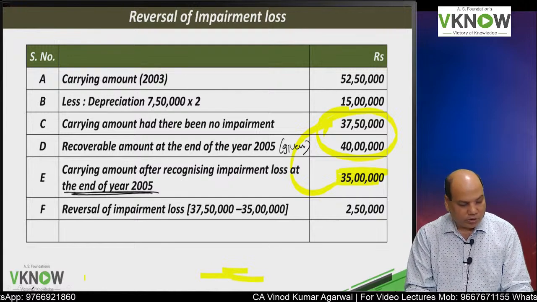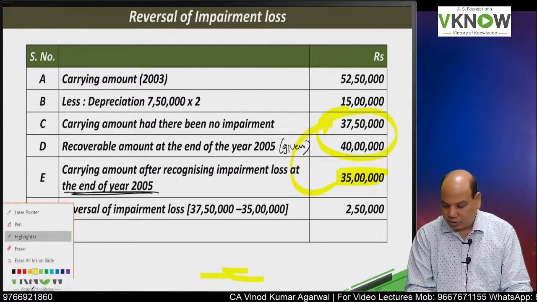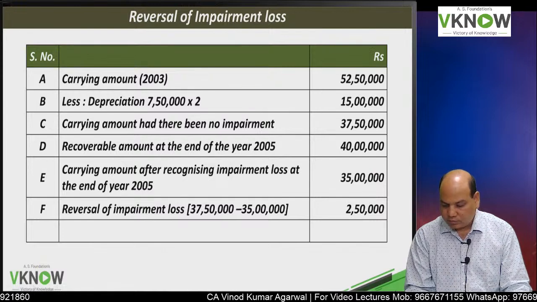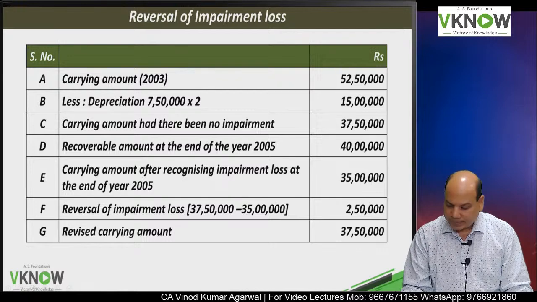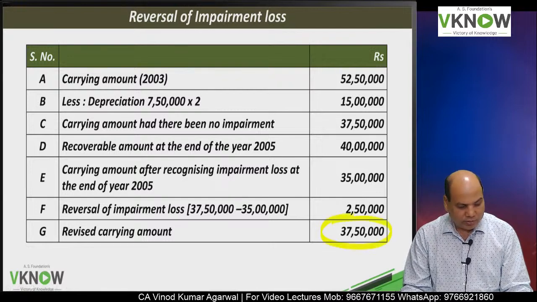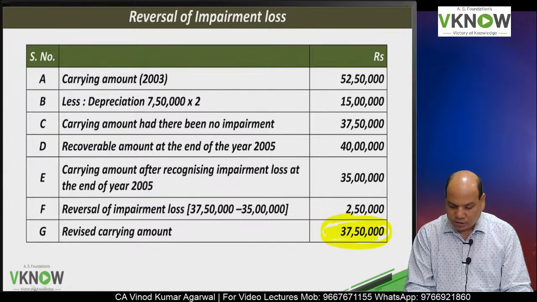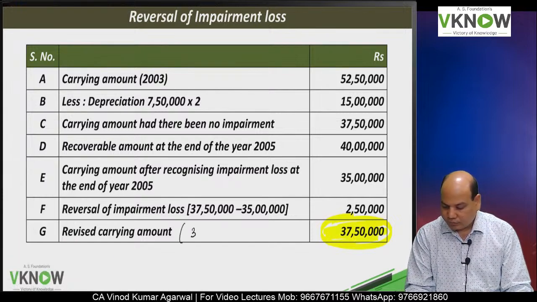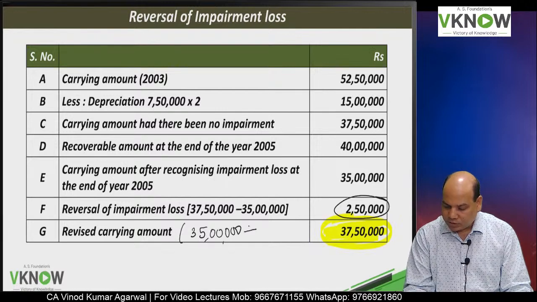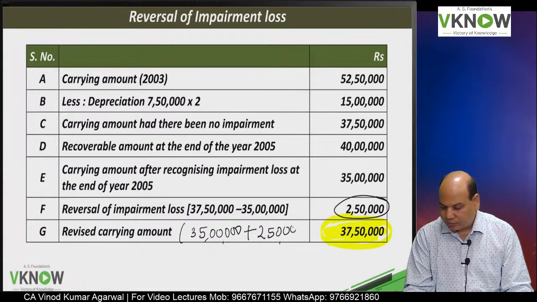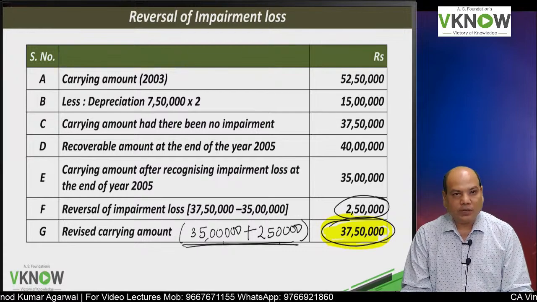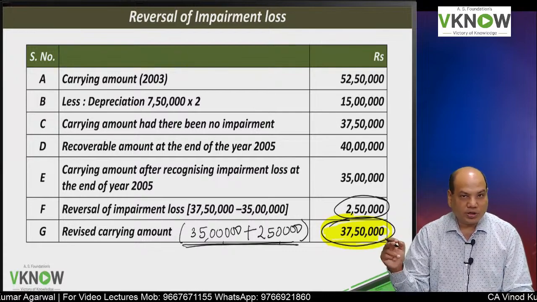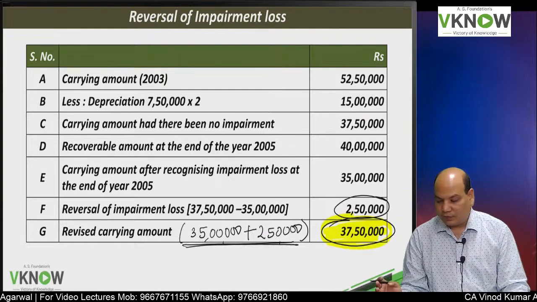2,50,000. Reversal of impairment loss 2,50,000. Is it right? After reversal of impairment loss, the carrying amount will become 37,50,000. If you want to write, your current carrying amount is 35 lakh plus reversal 2,50,000. Now your book value will again become 37,50,000 and you have to depreciate that amount over the remaining 5 years.